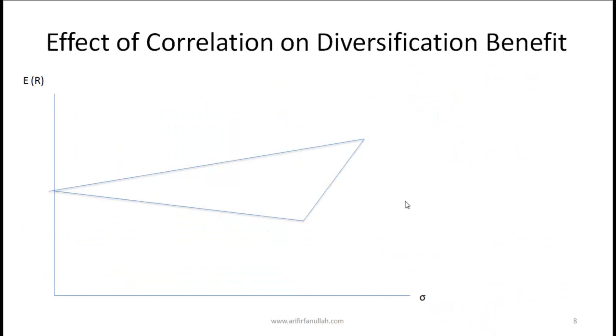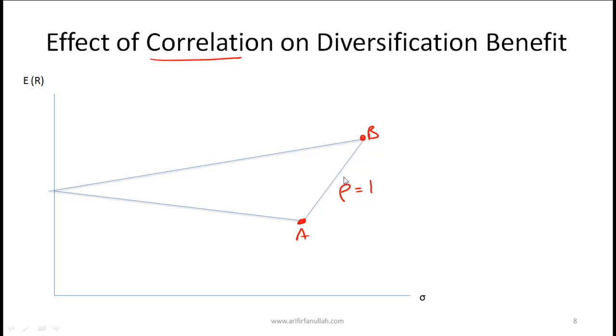Now we are going to demonstrate the impact of different correlations on the diversification benefit. So again, let's say that we have asset A and asset B, and we are going to look at the return versus risk of different portfolios assuming different correlations. So let's first assume that the correlation between A and B is equal to 1.